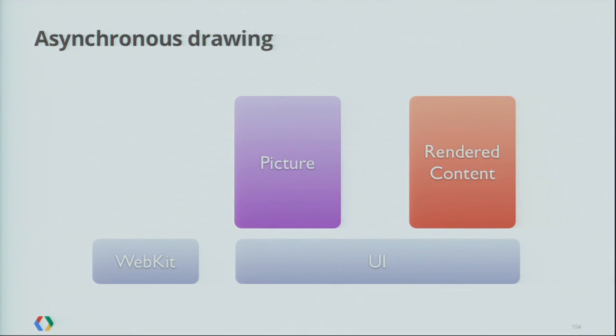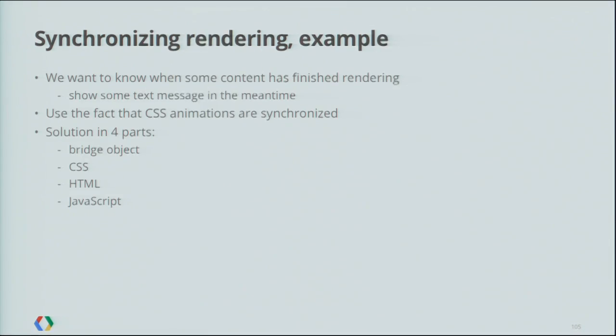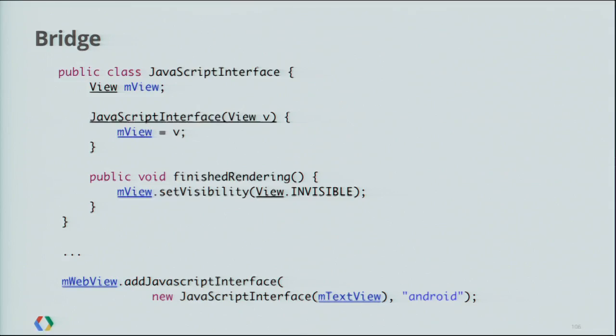And sometimes that's not great, because how do you know that what you sent to the WebView is actually rendered? So, we don't have an API for that, but we have a solution that works everywhere, and that's by using the fact that CSS animations have to be synchronized. What you do is create a bridge object. Here, we just add this finishRendering method, and add that to the WebView.